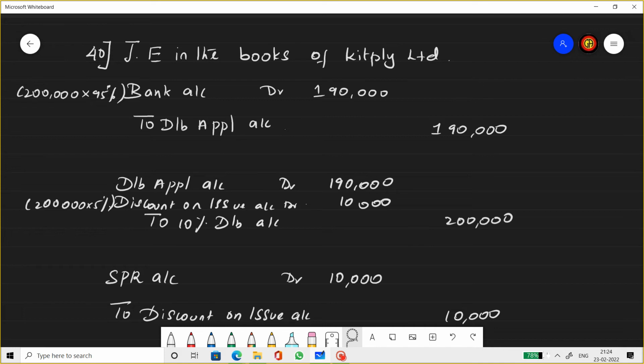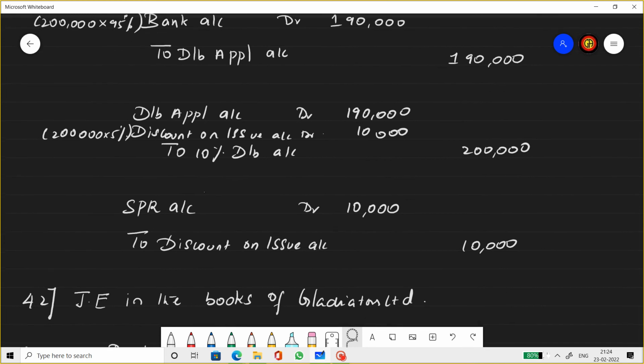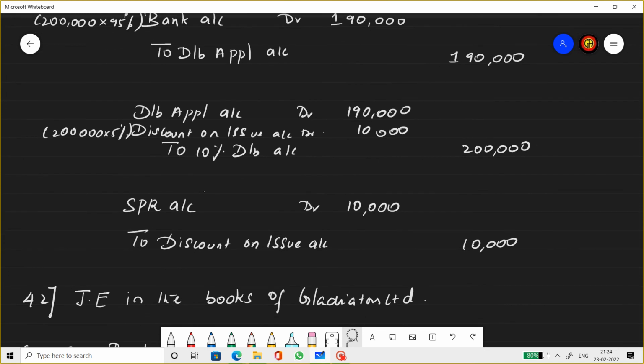Now what is the loss on issue? The discount on issue is the loss on issue, because the redemption is done after 4 years in the question, and it is not said how the redemption is done. Therefore, we assume the debentures are redeemed at par. So issue at discount, redemption at par. Now the loss on issue of debentures is 10,000 rupees.